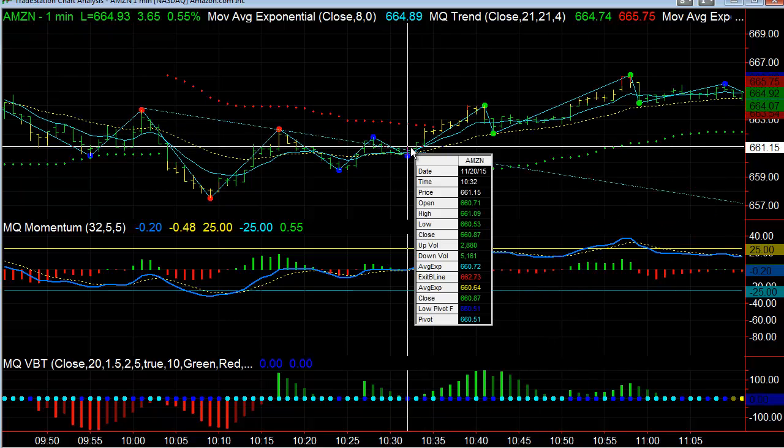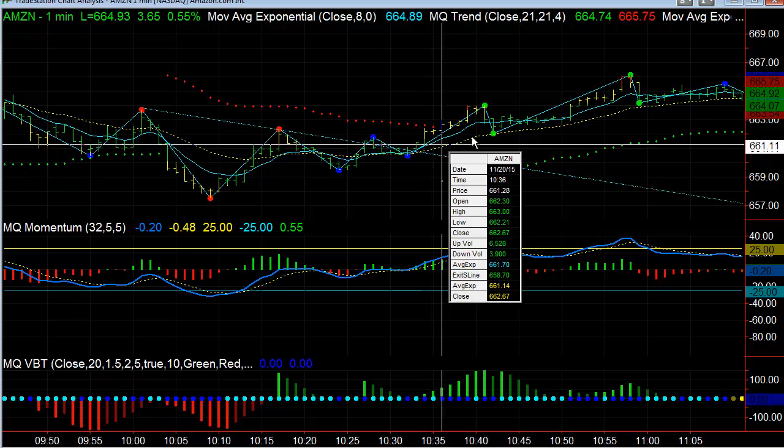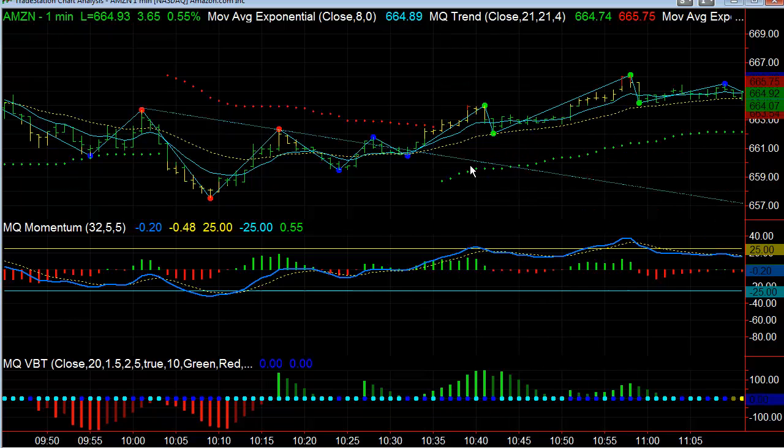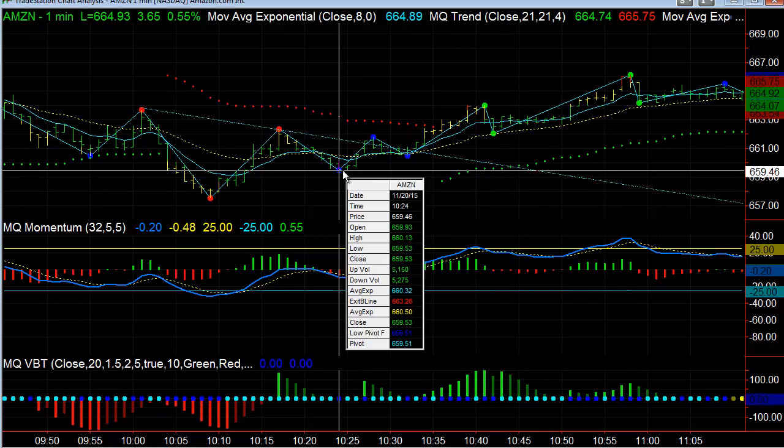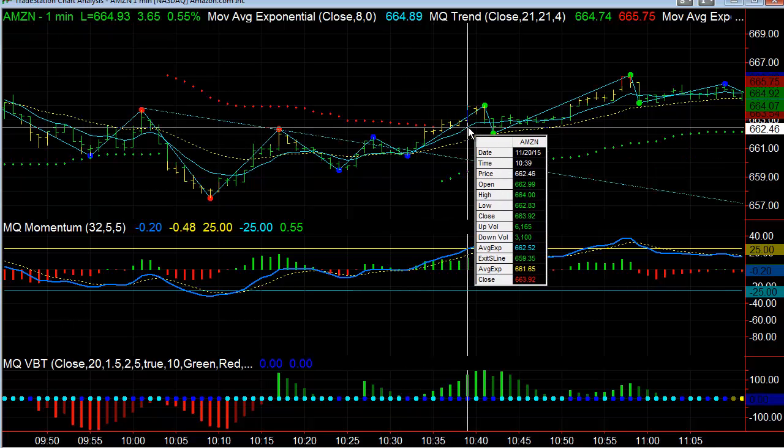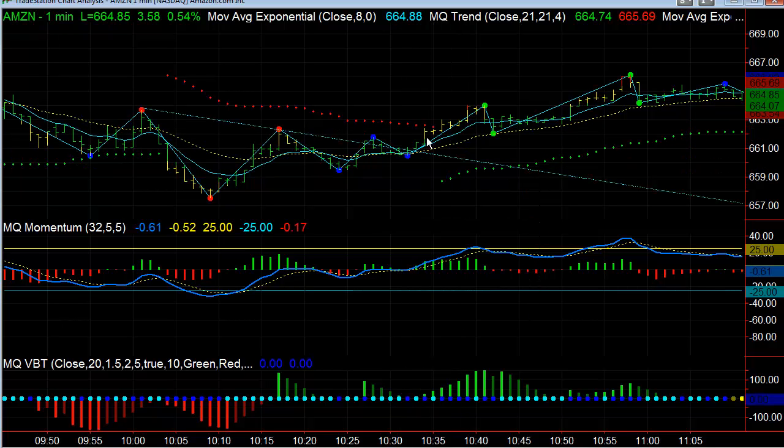Now that would get you in at roughly 661 and carry you to 665. So either way, at 660 here or upon the break of the neckline, it carries you right up to 665. Very smooth move. And you get confirmation because this is neutral, neutral, neutral, bullish, bullish, bullish.